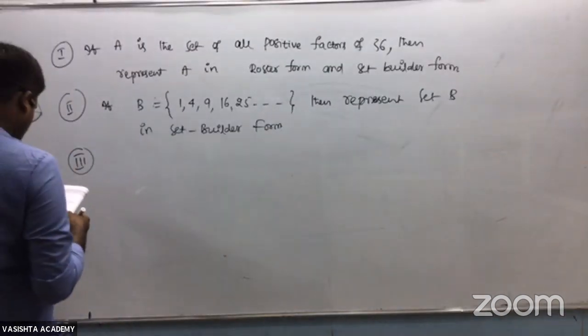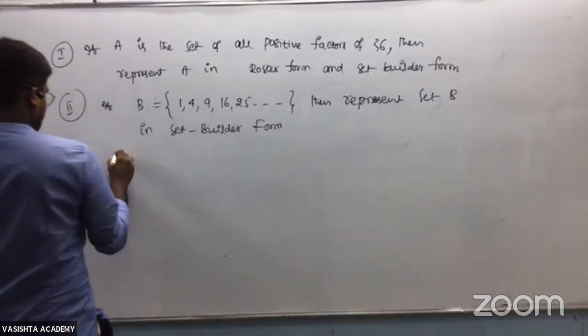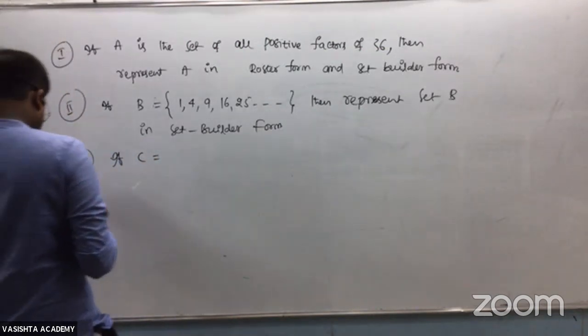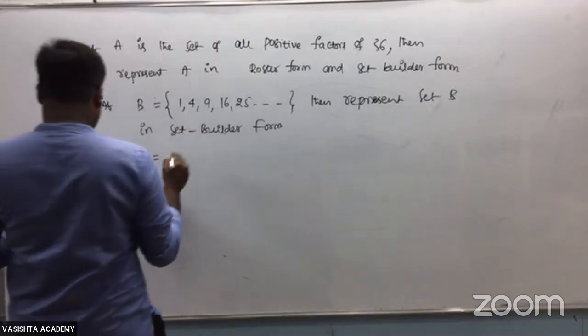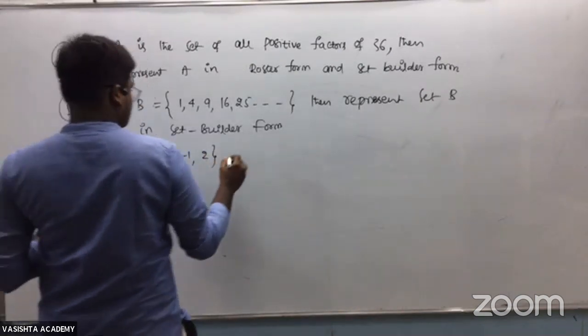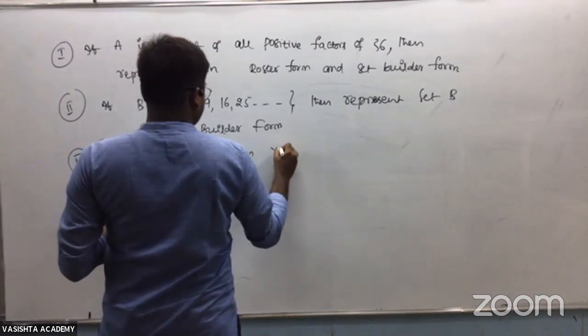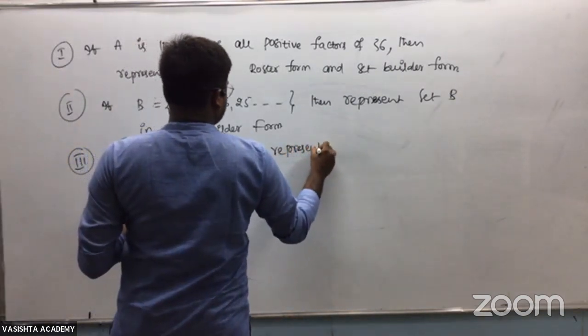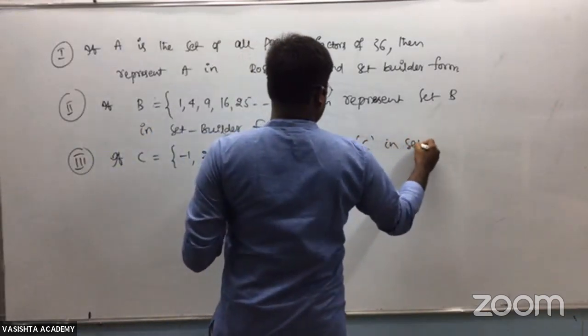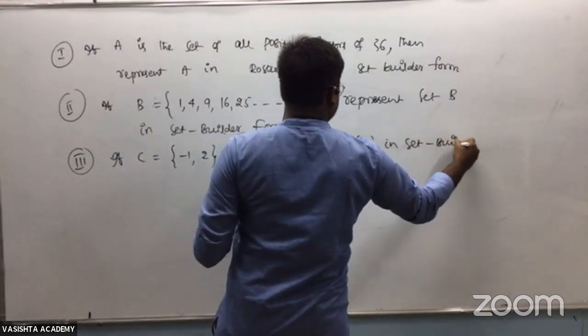Third one, if C equal to {-1, 2}, then represent set C in set builder form.